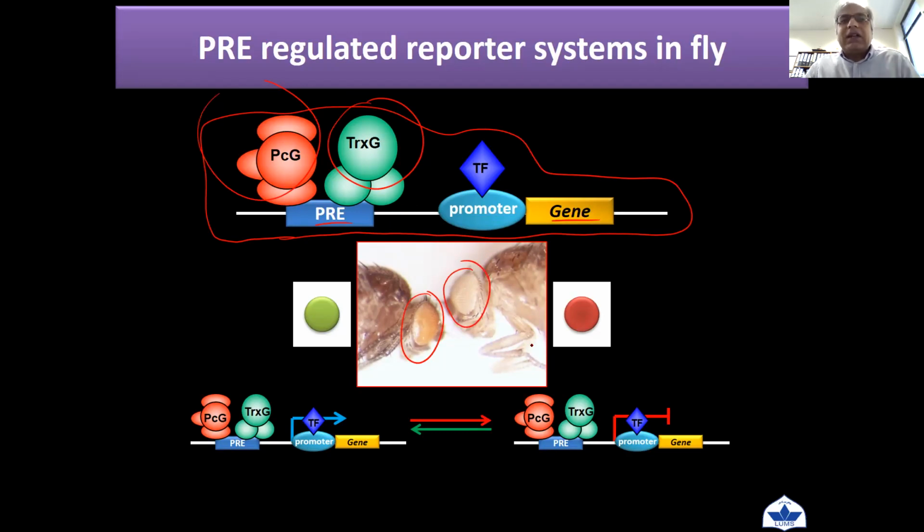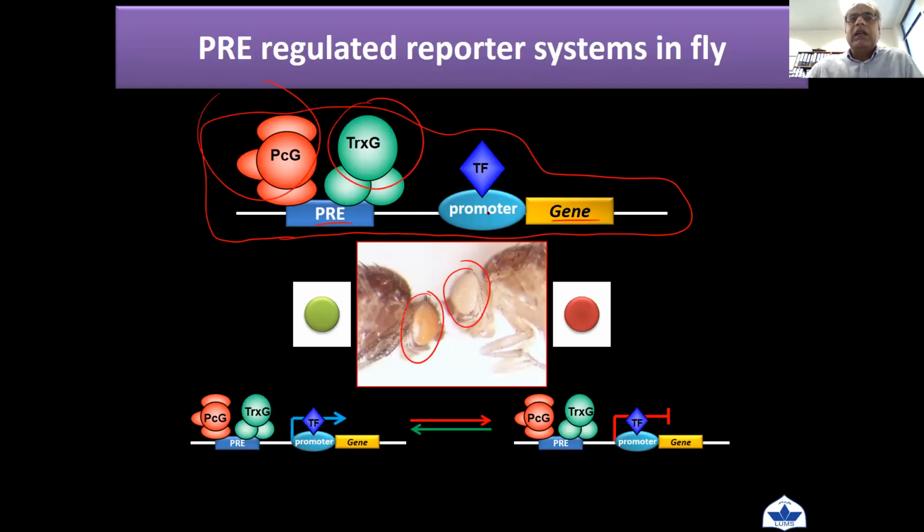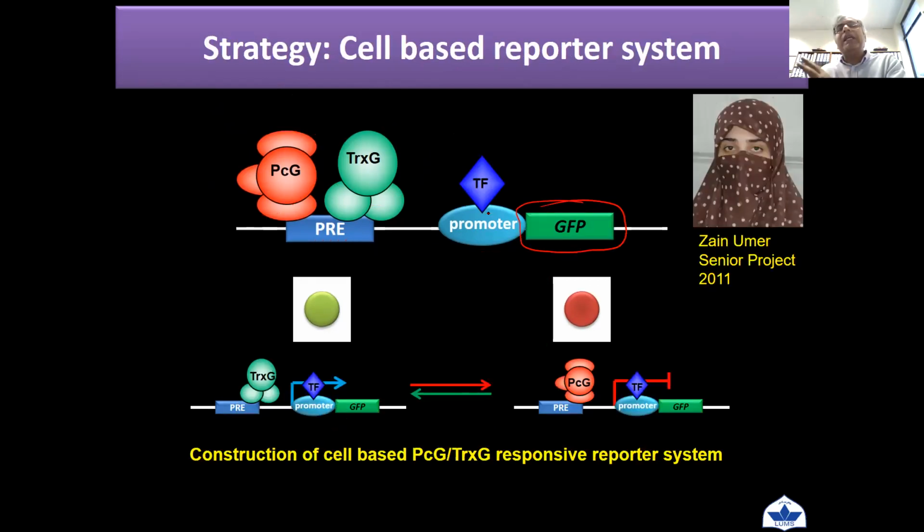What we thought, we said, okay, let's have GFP instead of the white gene, because we wanted to go in cells to do a high throughput RNAi screen. You can do it in flies as well, but it's better to do it in cells. It's much easier, faster, and then go and validate your candidates in flies.